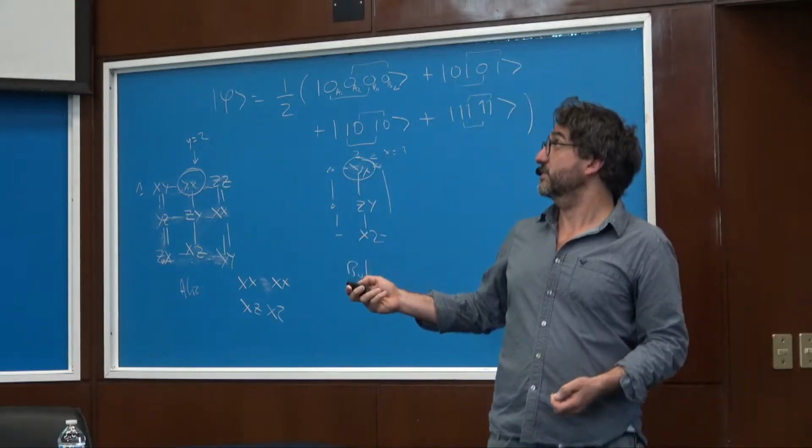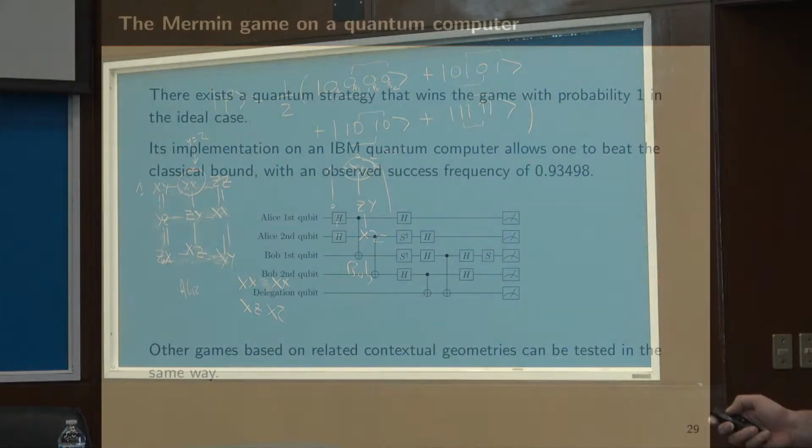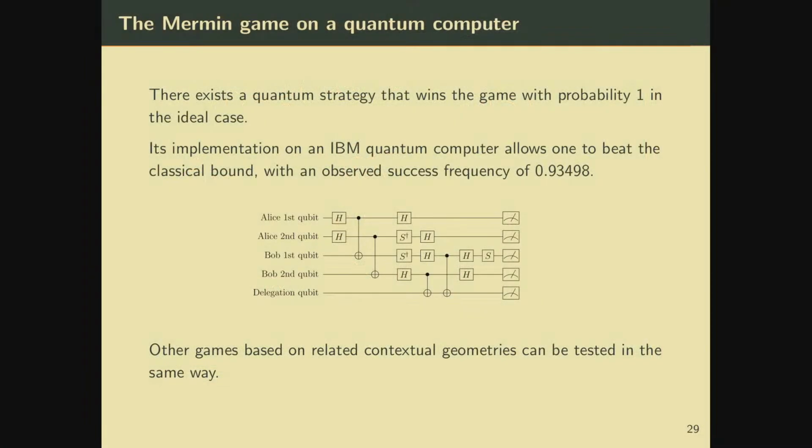And you see this is what's implemented here in this circuit. You have this gate here that prepares this entangled 4-qubit state. And here we are measuring a context. I don't remember exactly what this one is, but you see we are measuring. Okay, so here we are measuring directly. Bob's delegation qubit is here.